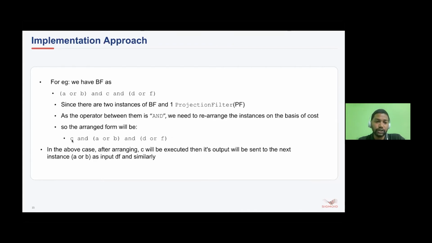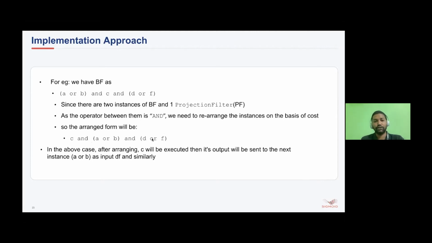As you can see, C will be less costly when compared to A or B or D or F, because A or B has OR between them, right? And OR will make you do a union between two data sets. And so only when C is executed to filter out, then that output can be sent as an input to this, and then the output of this can be sent to this.